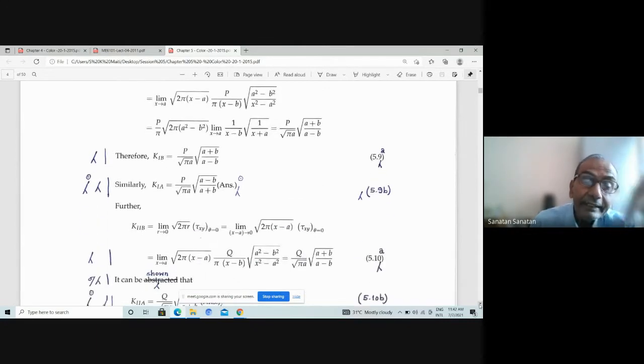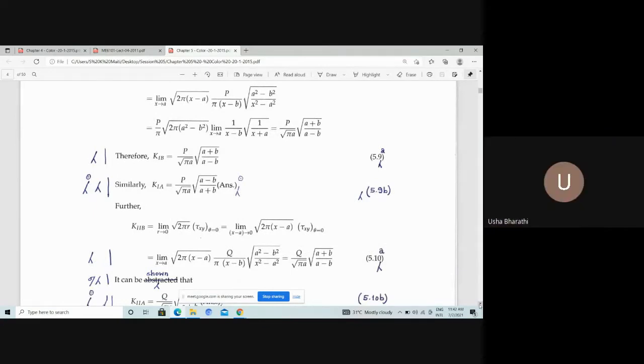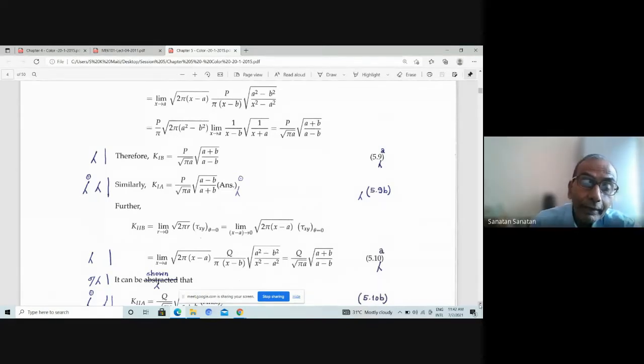And similarly, K1 at A will be just, you substitute. So at the point A, if you want to find out, you simply substitute b by minus b and you get the solution.